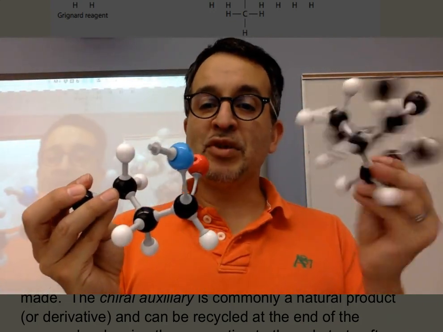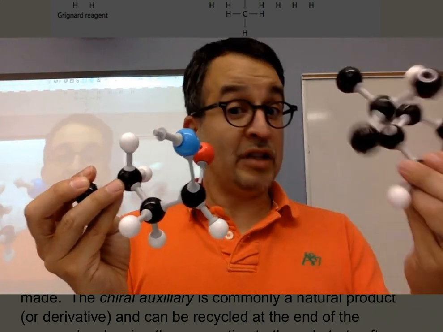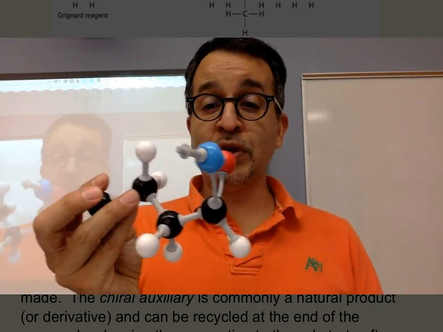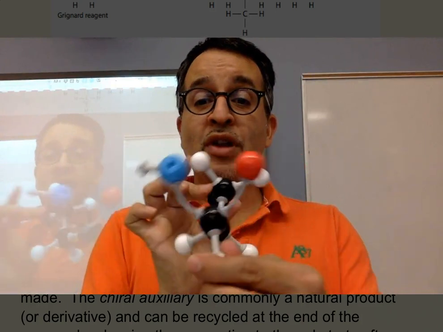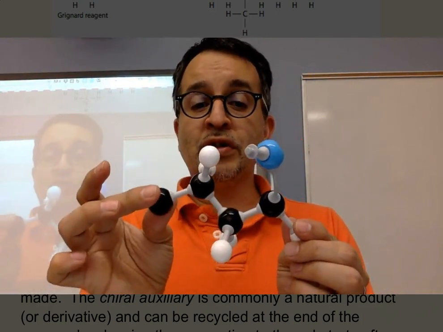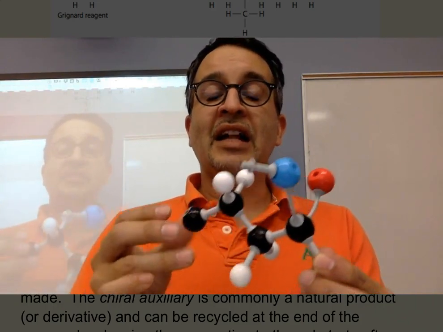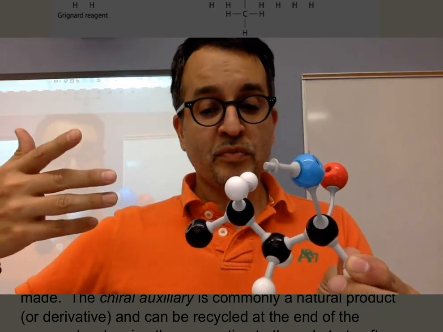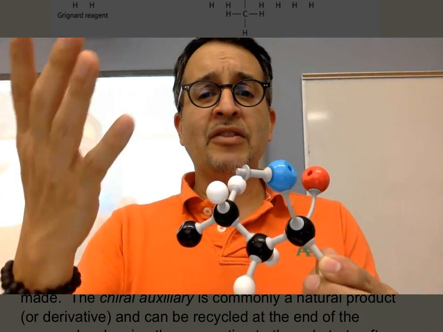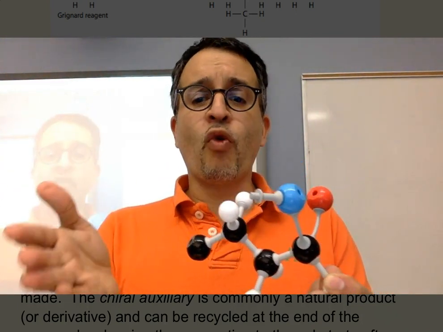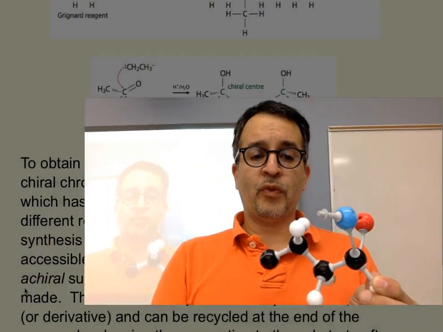That auxiliary can be recycled, used again, so that's normally a good thing to be able to do. And voila, we get a single enantiomer being produced, rather than producing both of them. And this allows us then to have a compound that is more pure and therefore have the right activity for what we want it to do.